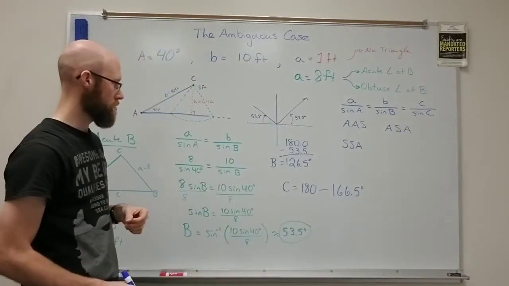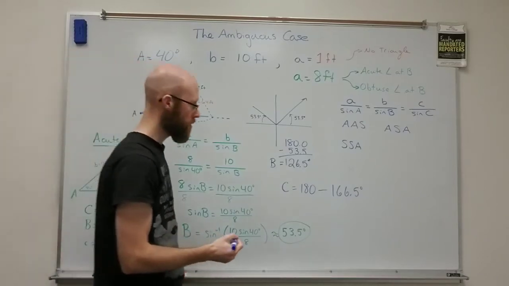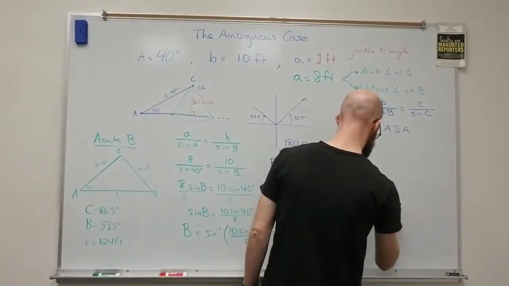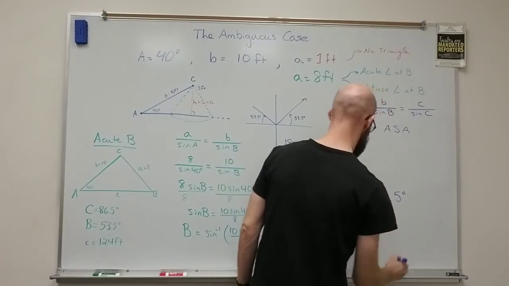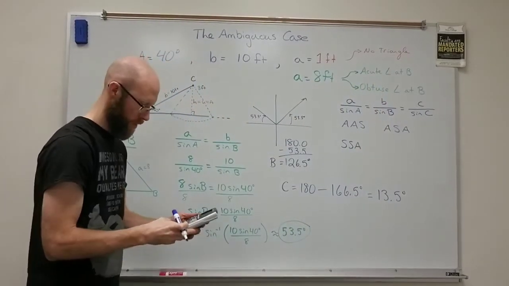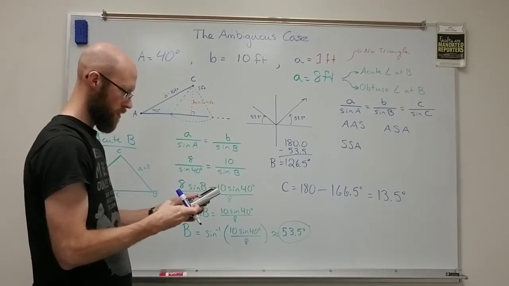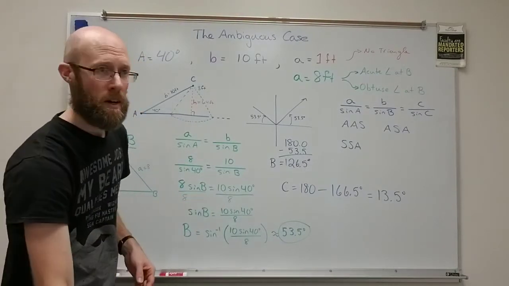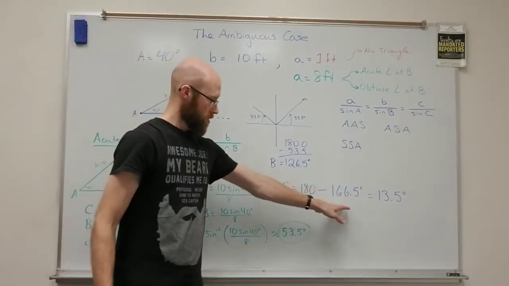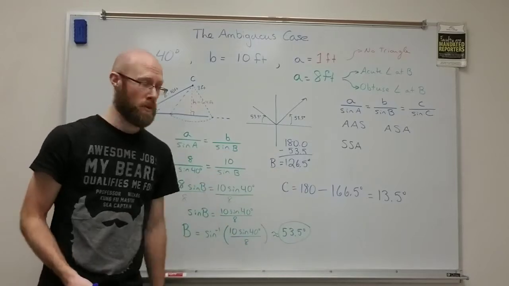Okay, and when I do that subtraction, that's going to be what, 13.5? Should double check that. 180 minus 166.5 is, yeah, 13.5. Okay, so that's good. That gives me a third angle.